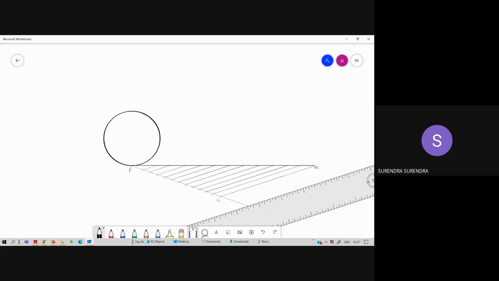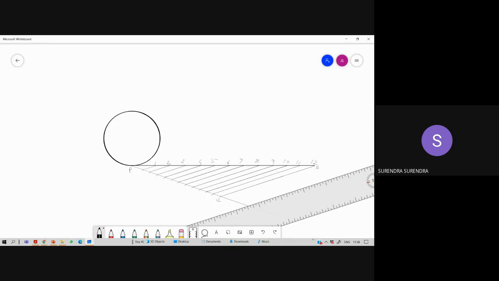So where it is unwounding, the numbering must be in this direction. So the initial length would be 1, 2, 3, 4, 5, 6, 7, 8, 9, 10, 11, and finally its length reaches the circumference of the circle.